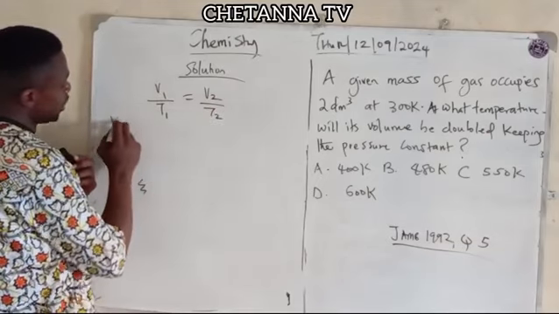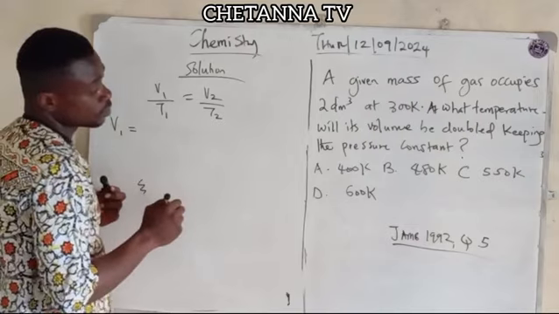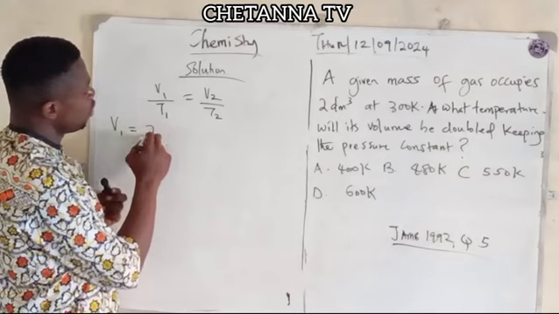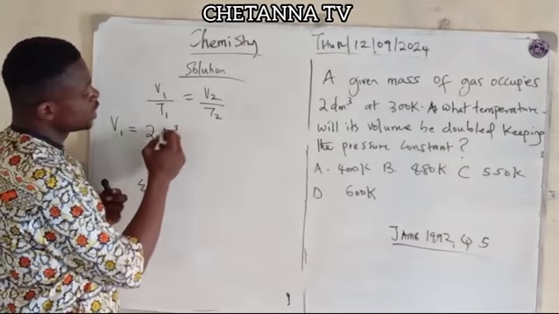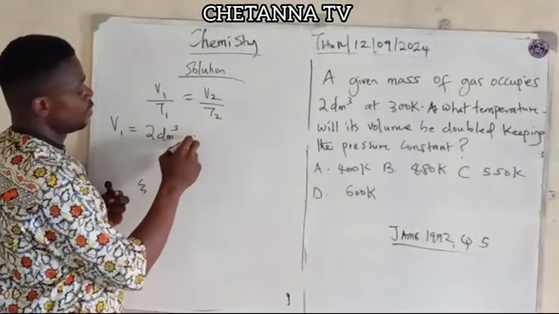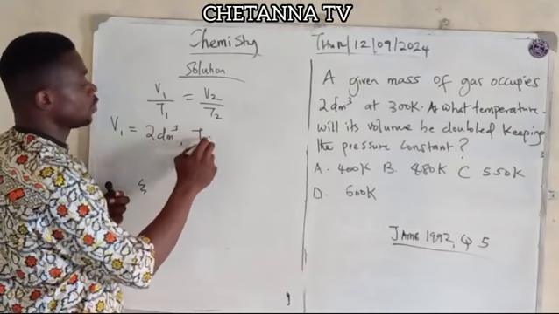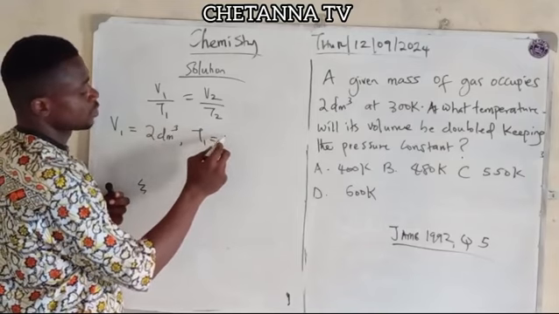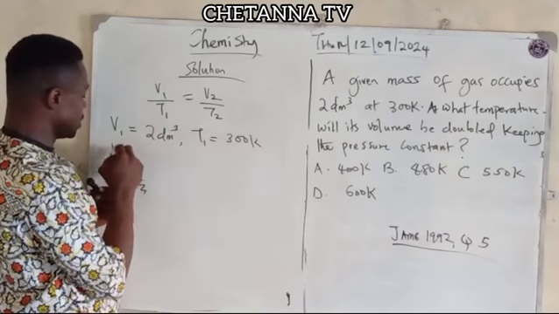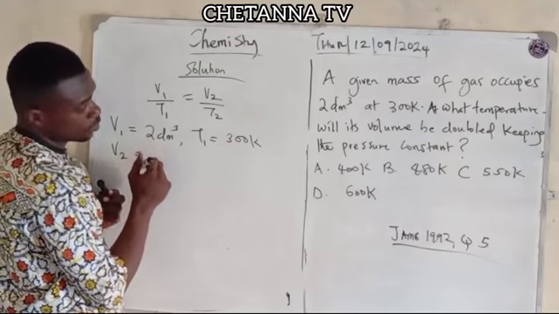For this question, V1 is 2 dm³, not centimeter, dm³. T1 is 300 Kelvin.